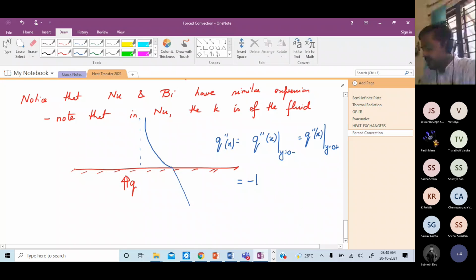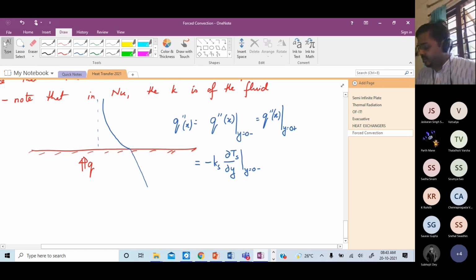So minus Ks del T del y at y equal to 0 minus, and that is also equal to minus Kf del Tf del y at y equal to 0 plus.